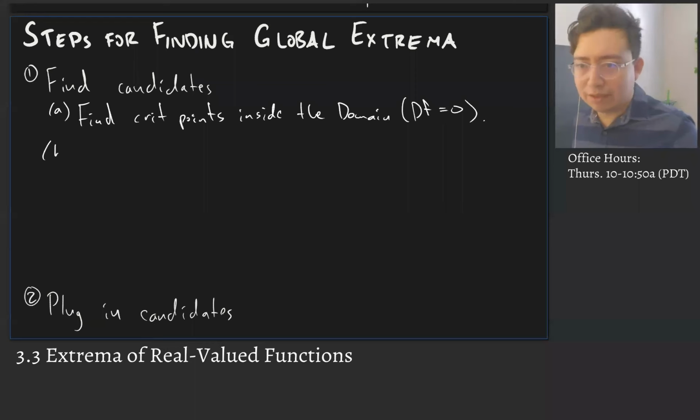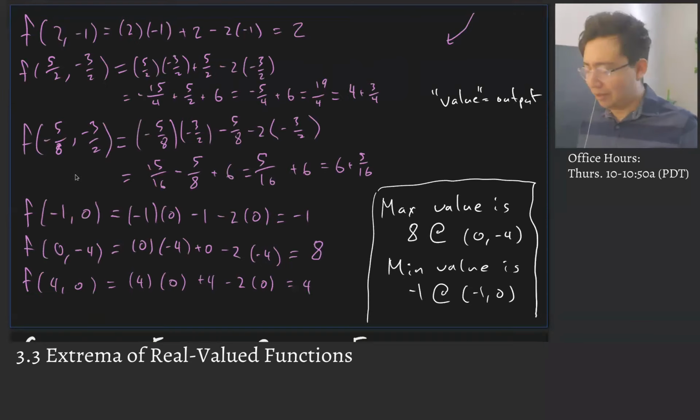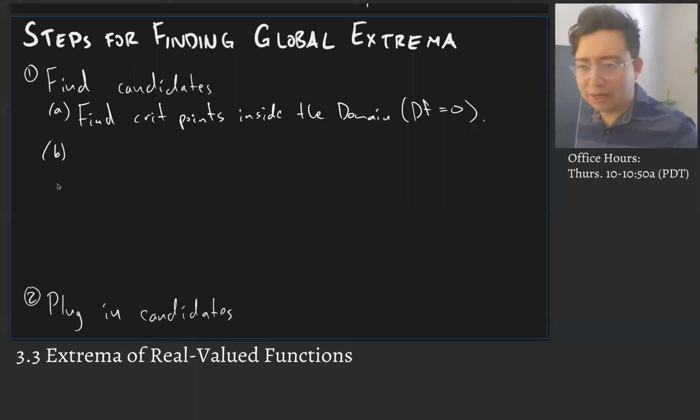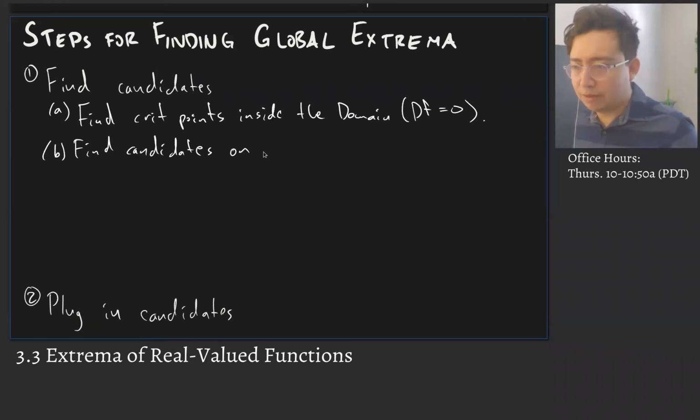And then the next thing is to find candidates on the boundary. I didn't think about how to write this, but on the lines here, on the chunks, we can write y in terms of x or x in terms of y.